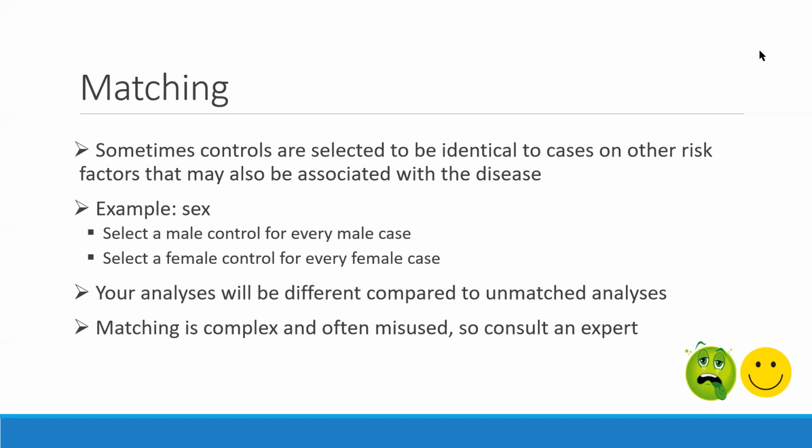There's pros and cons to matching. Matching is not a magic solution that will completely take confounding away. It can help in some instances. This is something that I suggest you discuss with an epidemiologist or a statistician when you're thinking about your study, because it complicates the analysis a lot as well.